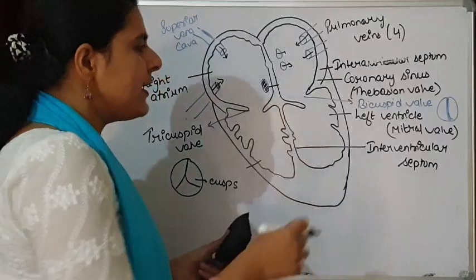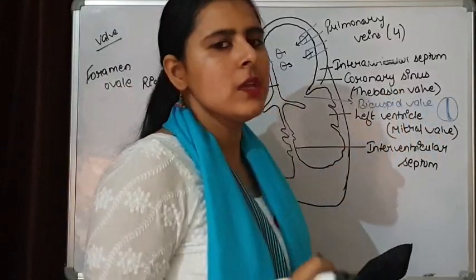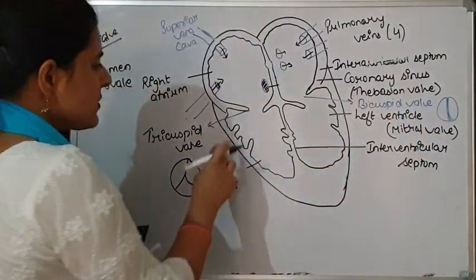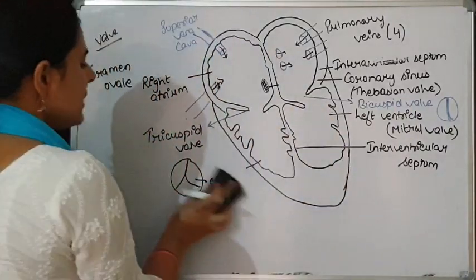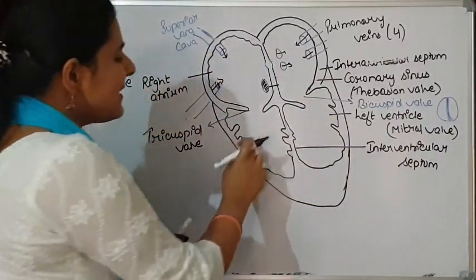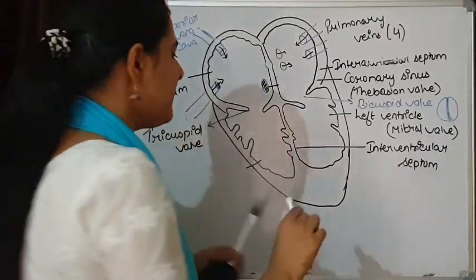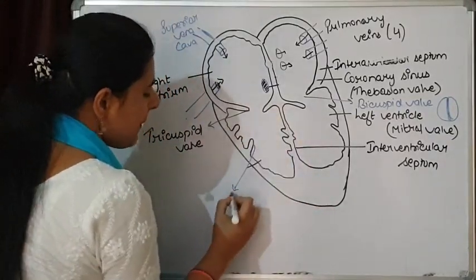How is this backward movement of the valves prevented? I talked about some of the ridges that are present in the ventricles. Let's talk about the ridges. The big size ridges that are present are papillary muscles.